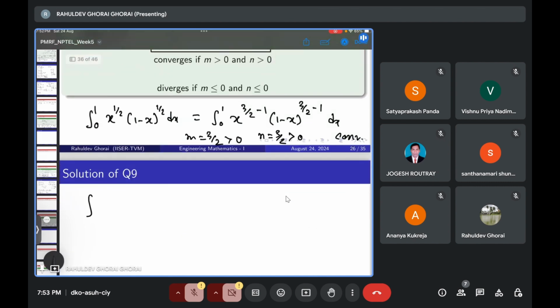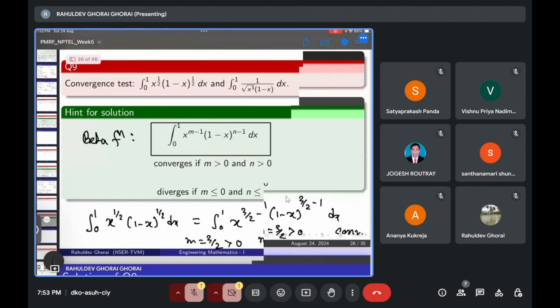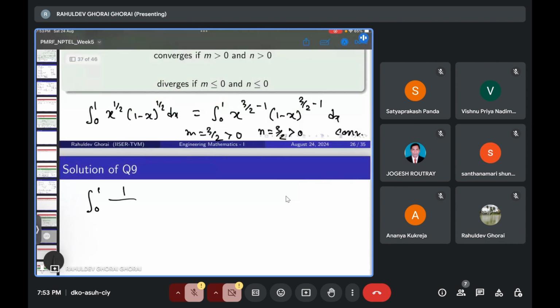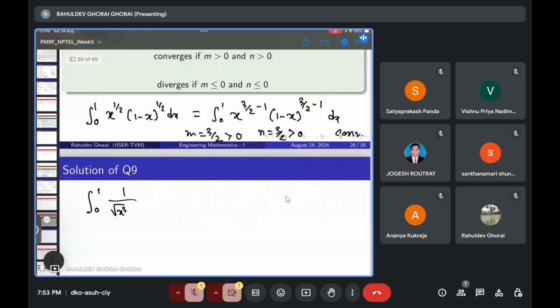Now you have another question: 0 to 1 of 1 over square root of x cubed times 1 minus x dx. These are weird types of integration, usually very difficult. But if you can write it in the form of the beta function, it becomes a little easier. This is 1 minus x to the minus 1.